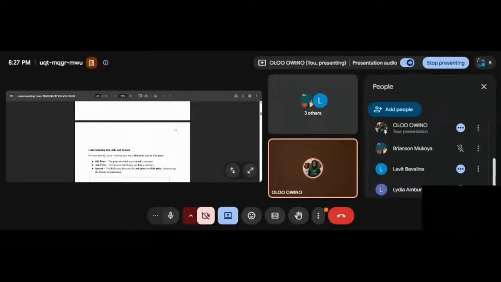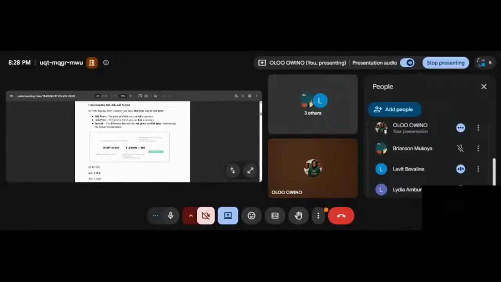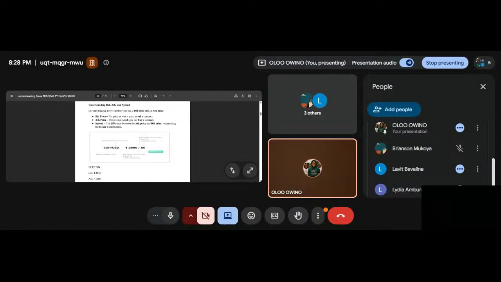Now let's talk about the technical part of this exercise: the bid price, ask price, and spread. There is an image on our screen showing EUR/USD having a bid price of 1.2880 and an ask price of 1.2885.